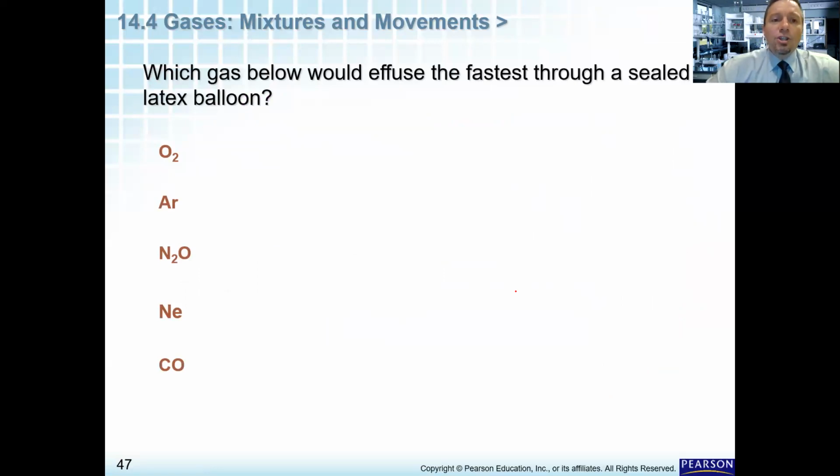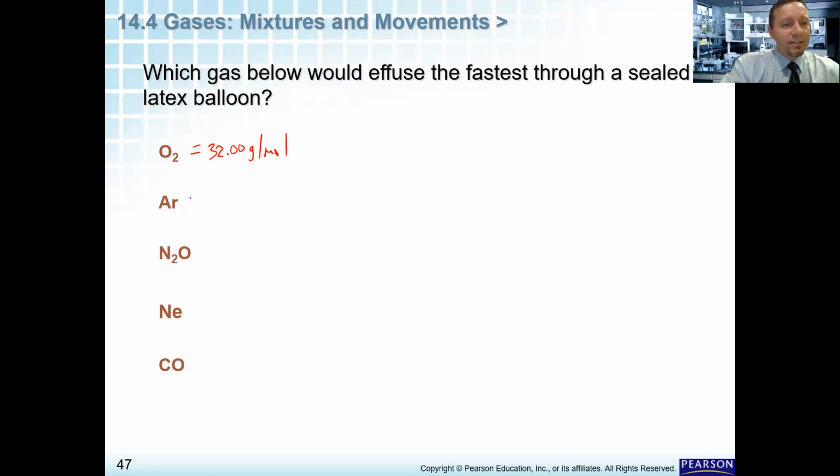Which gas below would effuse the fastest through a sealed latex balloon? So you have, say, five balloons filled up, all at 25 degrees Celsius, and you want to see which one would effuse and deflate the fastest. What you'd have to do is look at the molar mass. Oxygen is going to equal basically 32.00 grams per mole.